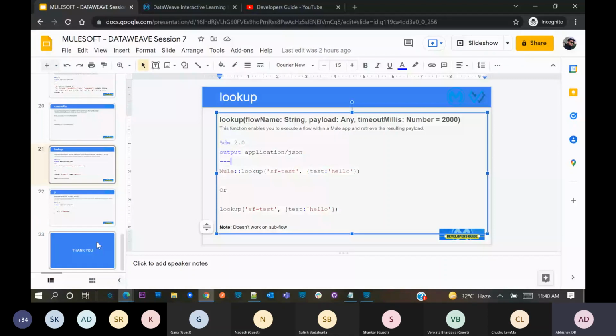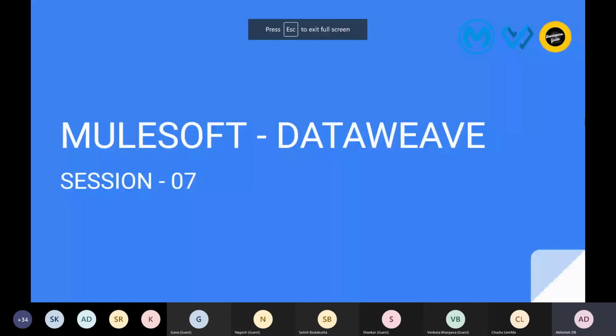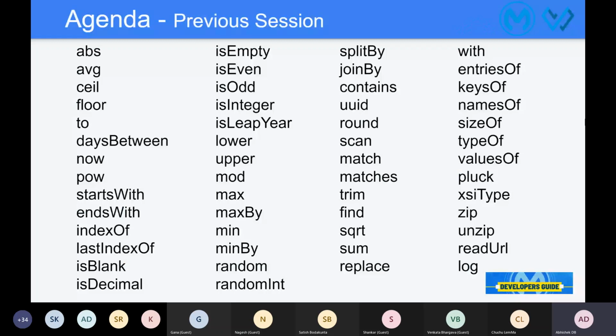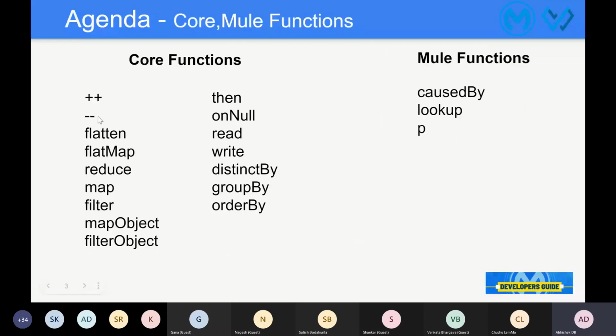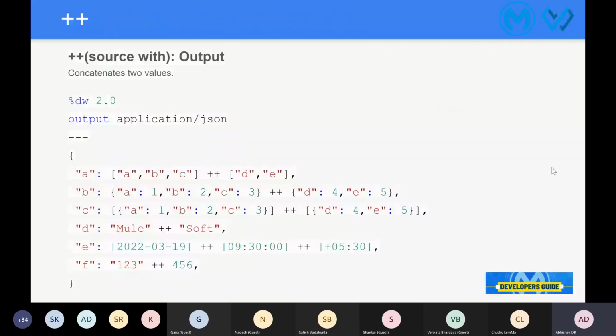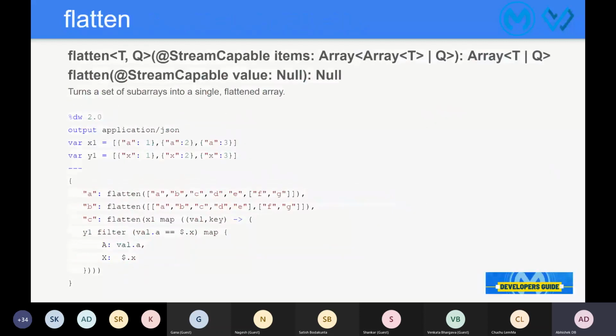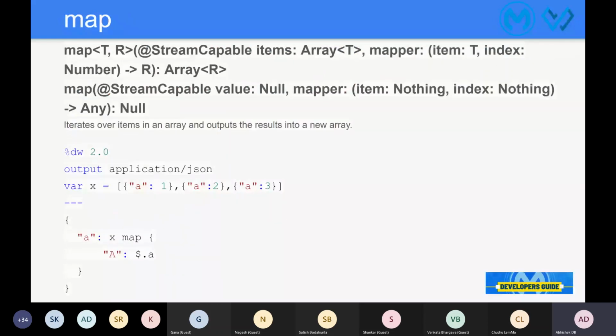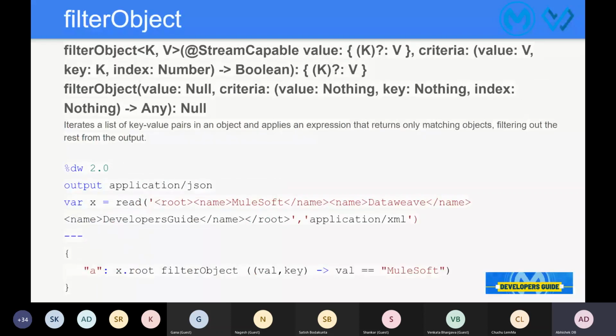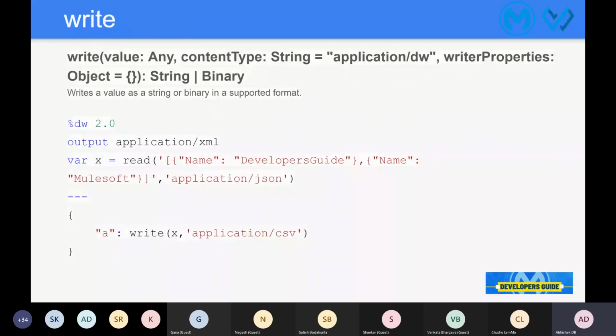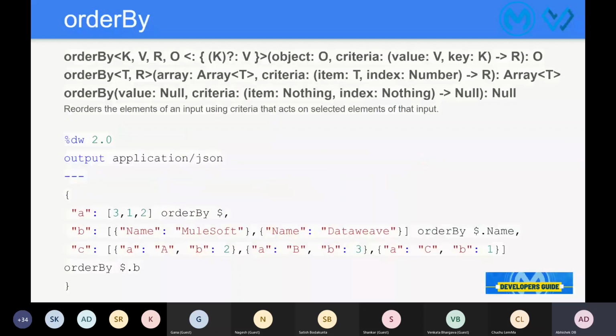Let's have a small recap of what we have seen today, and then we can take other questions. Session 7. The previous one was completely about core functions. Today we learned about a few core functions which were left, along with the mule functions. We learned about concatenation, remove, flatten, flat map, reduce, map, filter, map object, filter object, on null, read, write, distinct by, group by, order by.